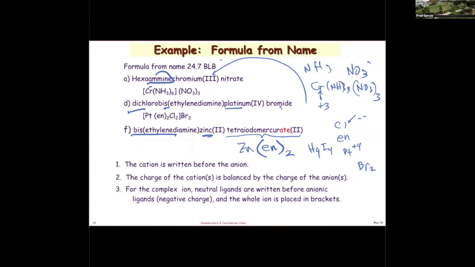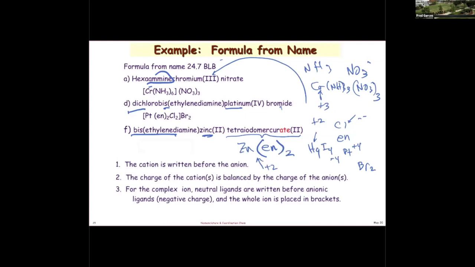And if this is +2, and the iodines are -1 apiece, so that's -4, then that mercury has got to be +2 because the whole thing has got to be neutral. Yes, En would be acceptable, because that's the common abbreviation for ethylene diamine.